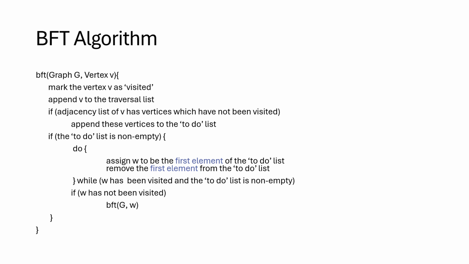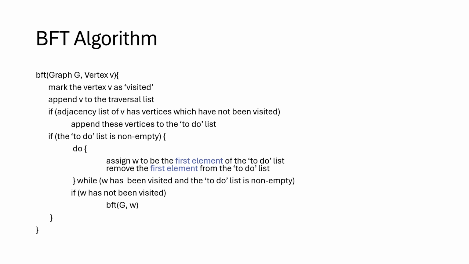So now that we have visited V as part of the traversal, V is added to the traversal list as well. Now, what we do next is we look at all the children of the current vertex. So here's the if statement down here. If the adjacency list of V has vertices that we have not visited yet, those are the ones that we are going to explore. So what we do is we append them to the end of the to-do list.